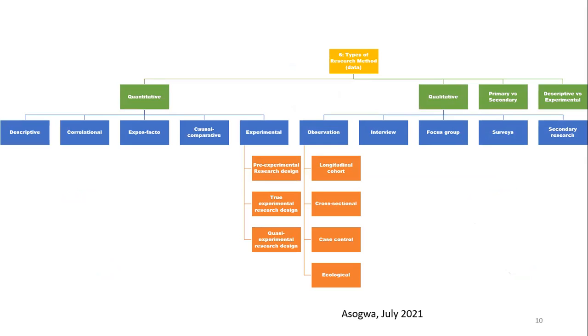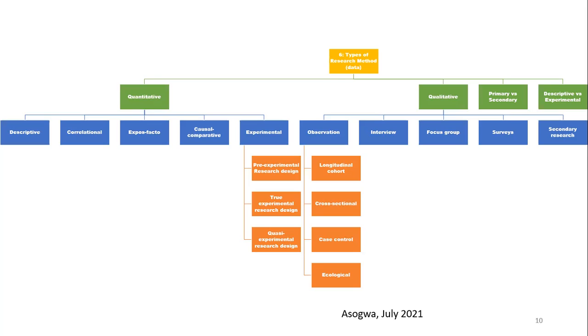But in most cases, they just tell you types of research method. Without completing it for you, know that it is types of research method of data collection. And that is why we have quantitative and qualitative. The 2 major types of research method are the quantitative and the qualitative.